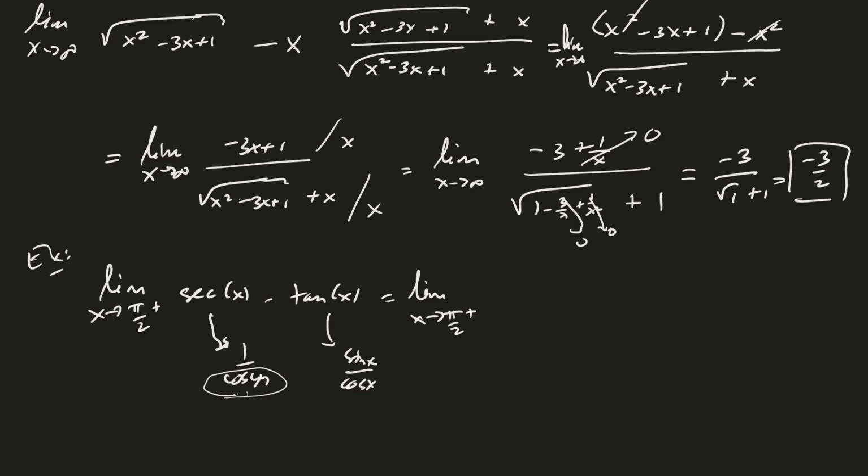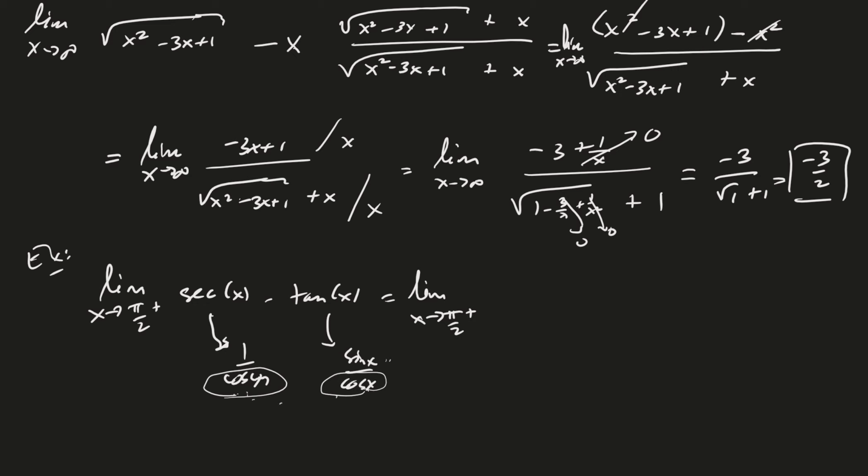Cosine goes to 0, so this will be 1 over 0, so this is going to infinity. And what is this one doing? It's going to do the same kind of thing, because the denominator is going to 0, but the numerator is not. Therefore, this is an infinity minus infinity form.